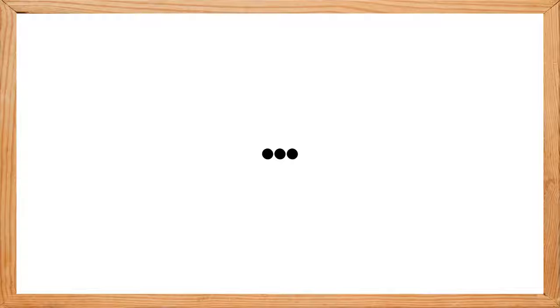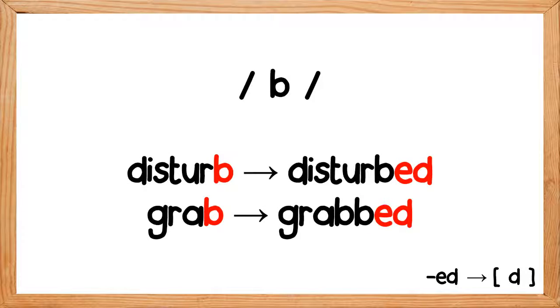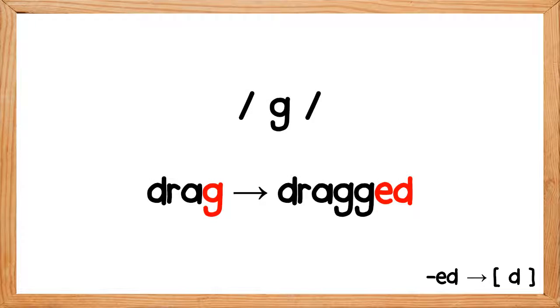And there are a lot of voiced consonant sounds as well. For example, b, disturb. When you say it in the past, it becomes disturbed, disturbed. Then there's another one, grab. Grab becomes grabbed, grabbed. There's also g, drag. You say dragged, dragged.